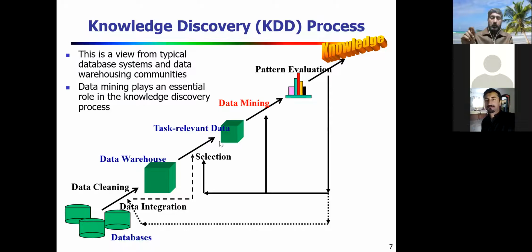So in other words, there is always human interaction involved in the data mining process. So human interaction and iterative. Is this point clear?